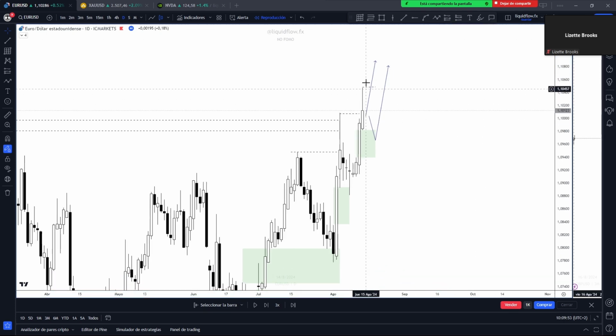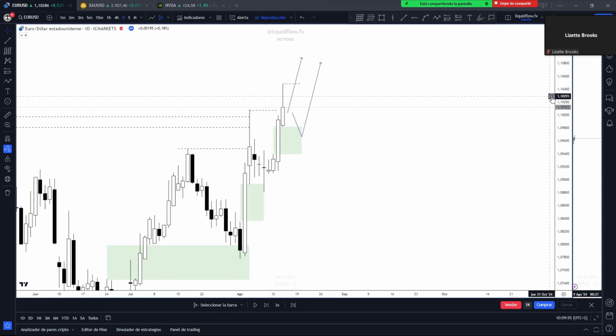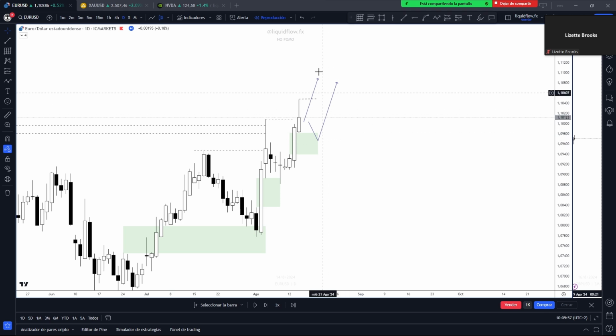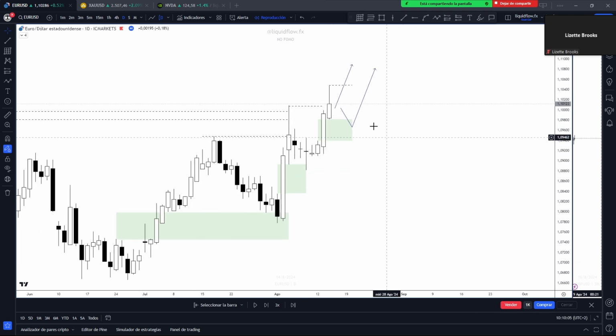And we can say, okay, Thursday could go up and go down, or it could go down and then go up. But what I am expecting is this one, okay? First come down because we have a liquidity. So that's for me.